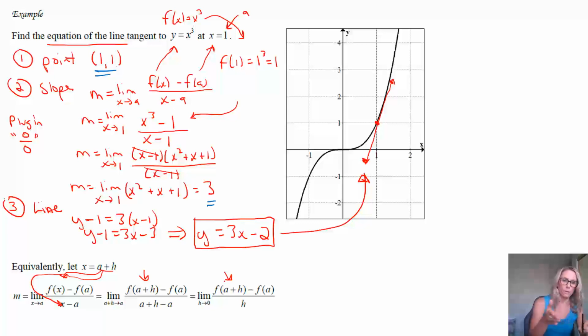So we have this one limit as x goes to a. Notice if we do the limit down here just changes as well. As a plus h goes to a, that means that h is getting smaller. Because if you have a and you have a plus h, and a plus h is going to a, h is the difference between the two, the distance between the two, and h is going to 0. So that means that a plus h is approaching a. You'll see more.